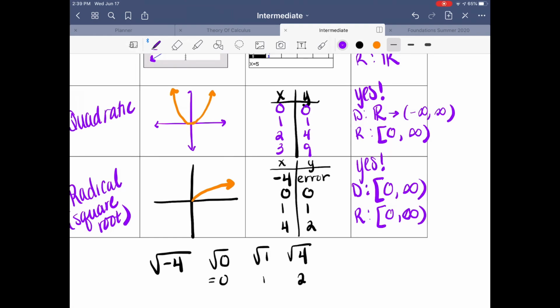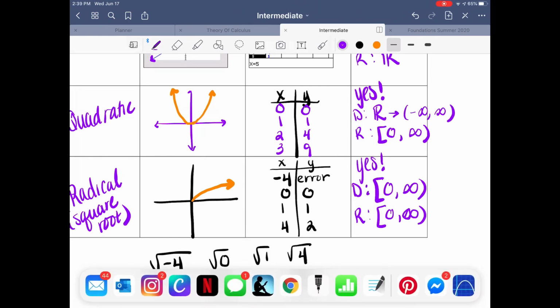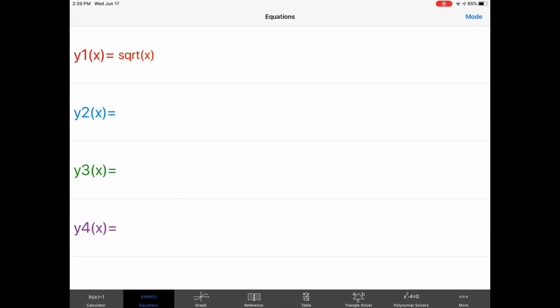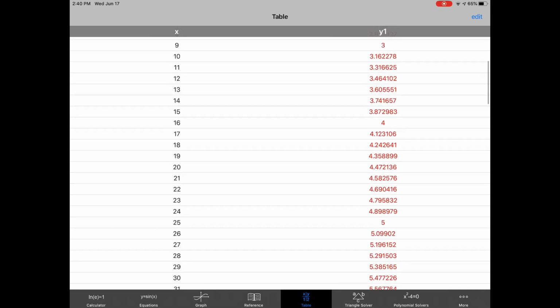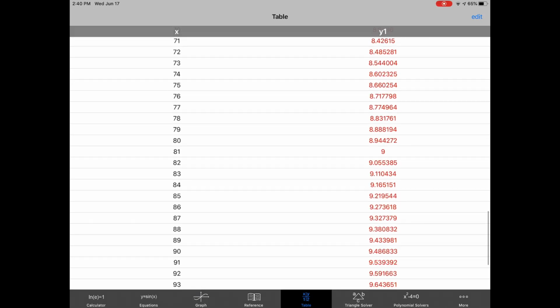Now I want to show you something here. You'll notice, let me go back to the calculator. Oh, that's the same table. You can kind of see the domain and range from the table because your x values on the left side start at 0, and you have corresponding y values for 0 all the way to infinity.